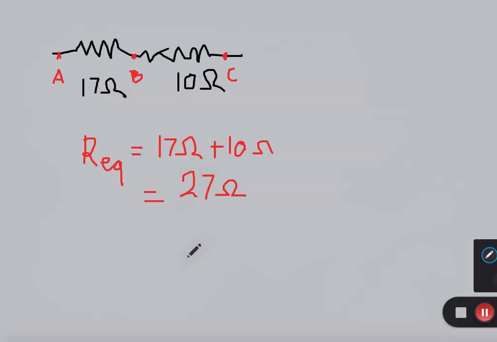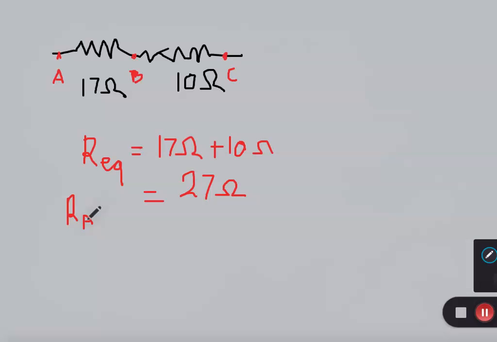So that's the R equivalent. This is the total resistance from point A to point C. So that's just to add them up. If you have 3, you add them up. If you have 4 or 5, you add them up.